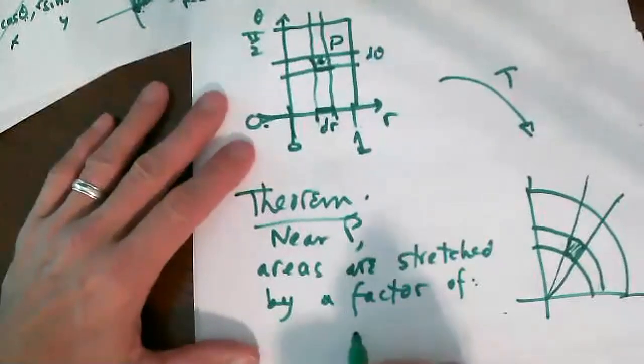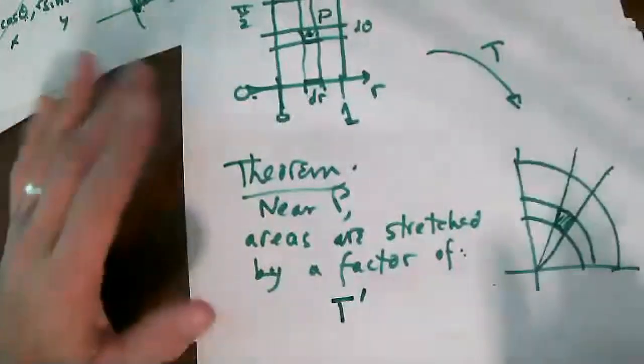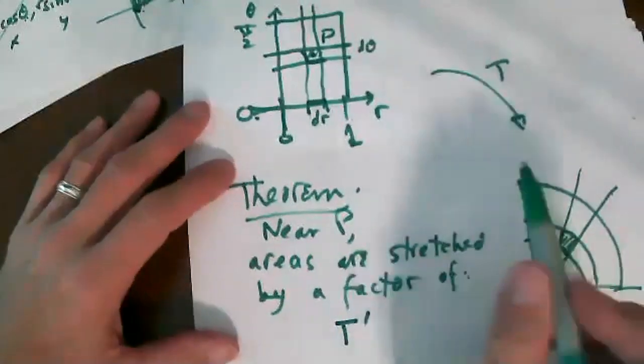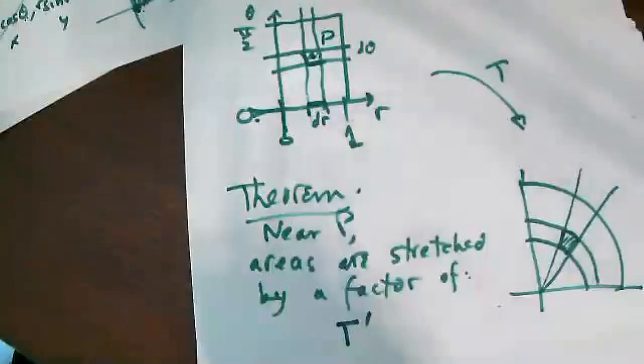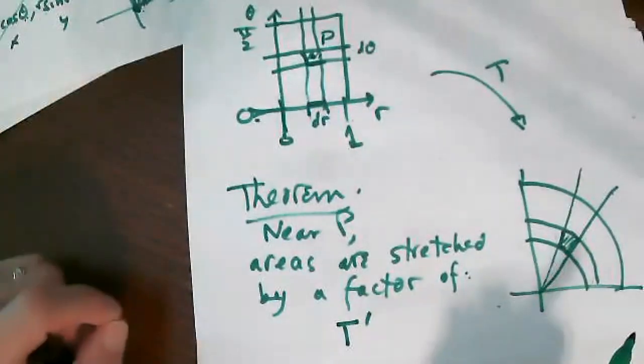To get that factor, what you do is compute the derivative of the function T. Let me just pause for a second here. We've talked about differentiating functions that go from Rn into Rk, and you may recall that that derivative is a k by n matrix.